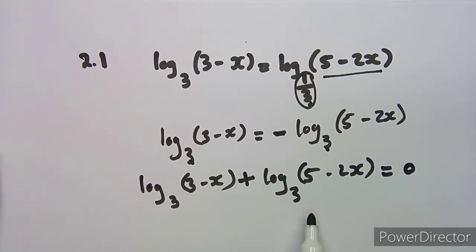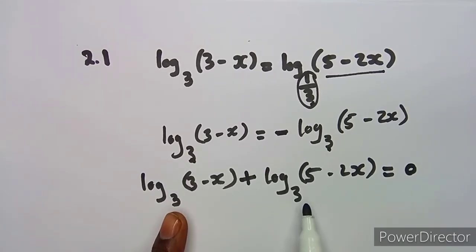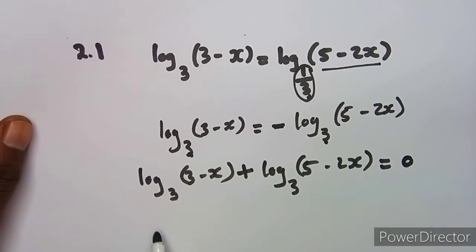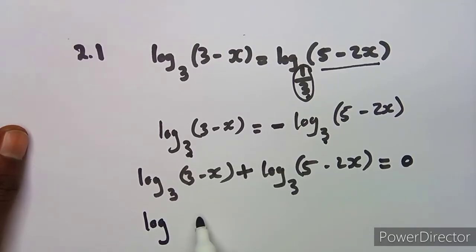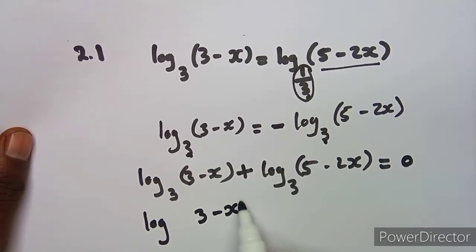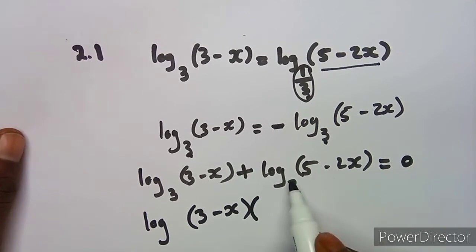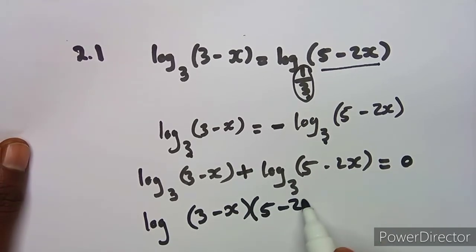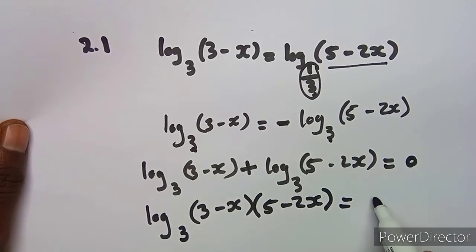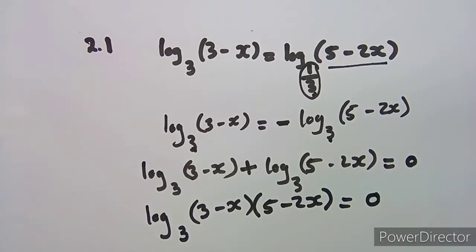So take note, why are we taking this to the other side? Because we can apply the laws of logarithm, because remember that from our laws of logarithm, when the bases are the same and you are adding logarithms, you are going to multiply the numbers. So it is going to be log 3 minus x times this bracket in base of 3, which is going to give us a 0.